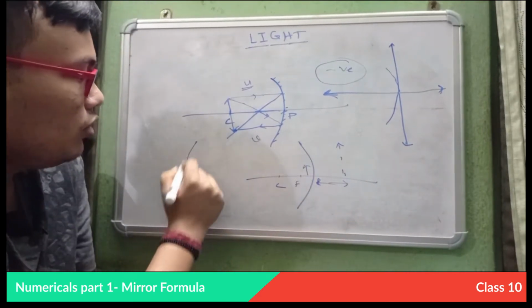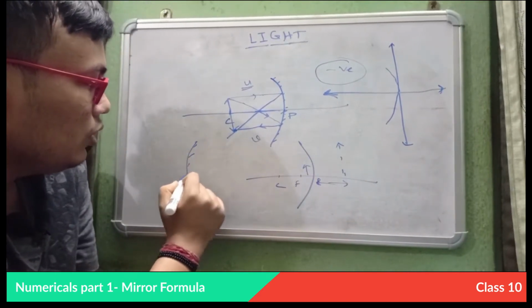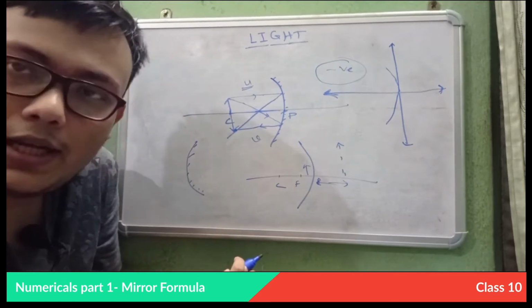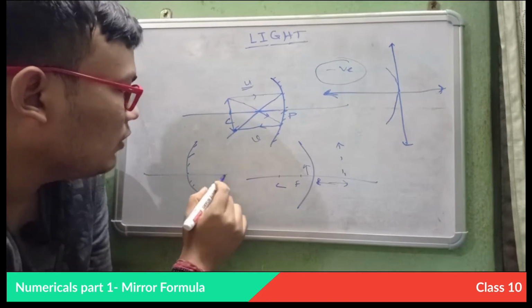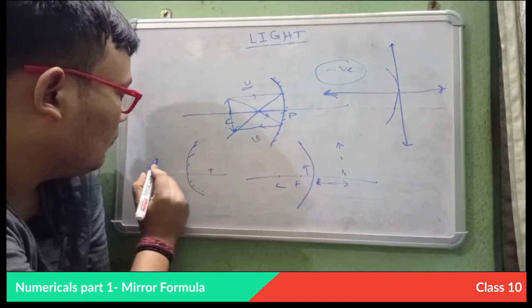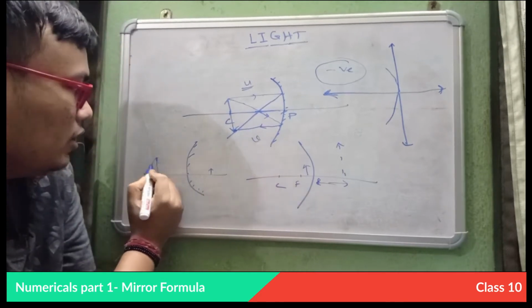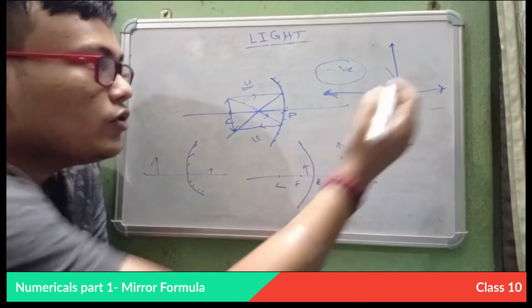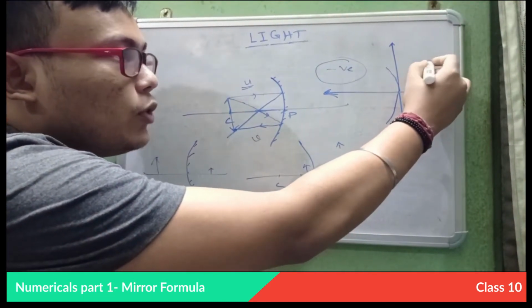If we consider a convex mirror, the image property is always virtual and erect, right? It will always give a virtual image. So if we consider the object to be here, the image will always be formed to the right side of the mirror, that is behind the mirror, right? So it will be formed on the positive x-axis.